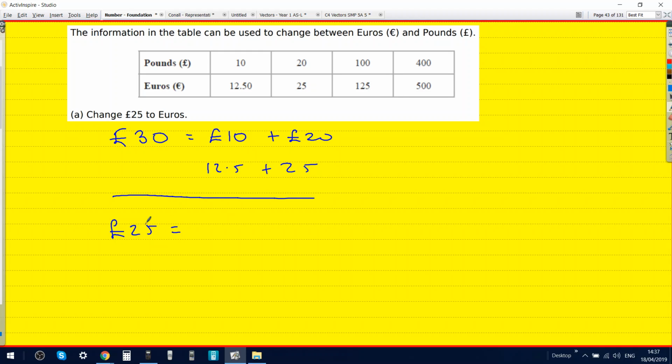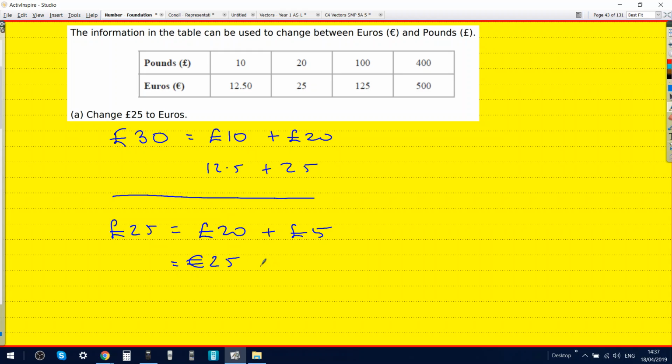So if £20 is, so we know that £20 is 25 euros. So you half 12.50 and add it to the 25.